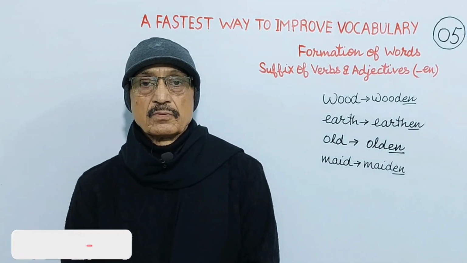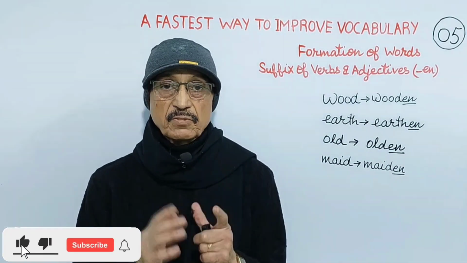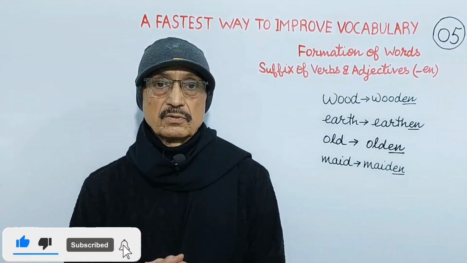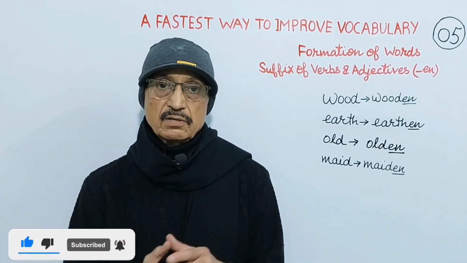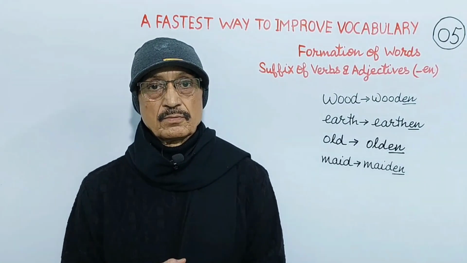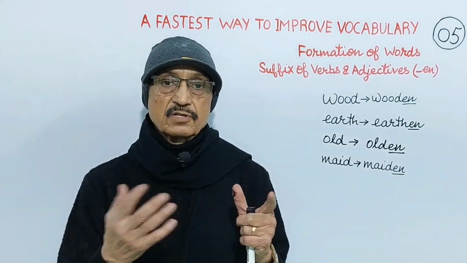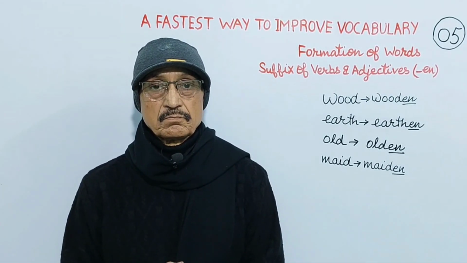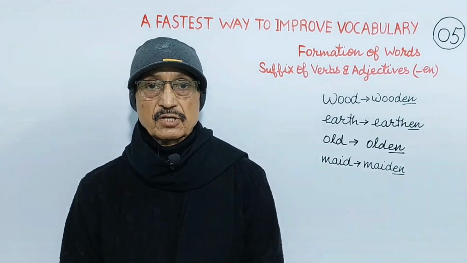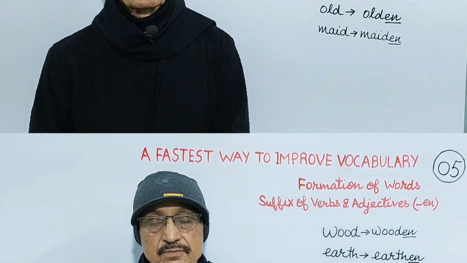Maiden. As a noun, it means unmarried woman. Maiden as an adjective, for example, Rahul Dravid has scored his maiden century.